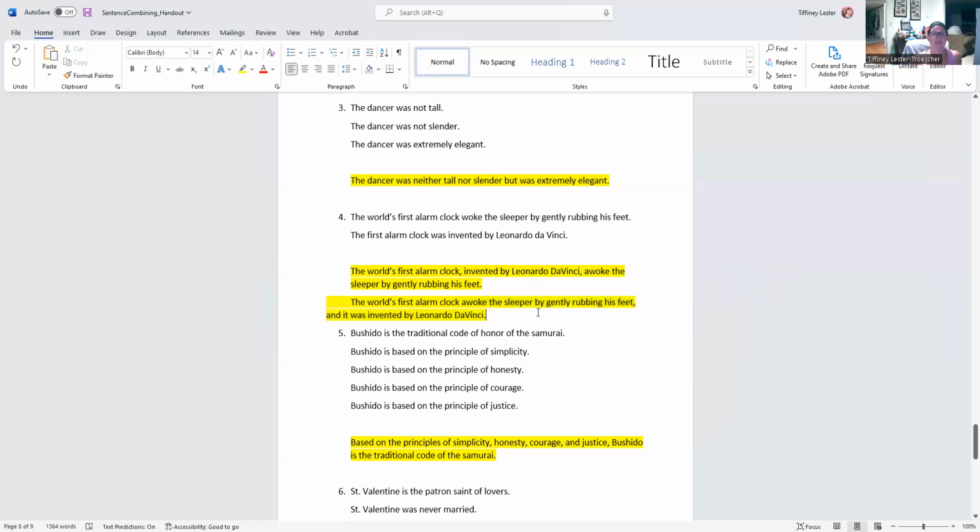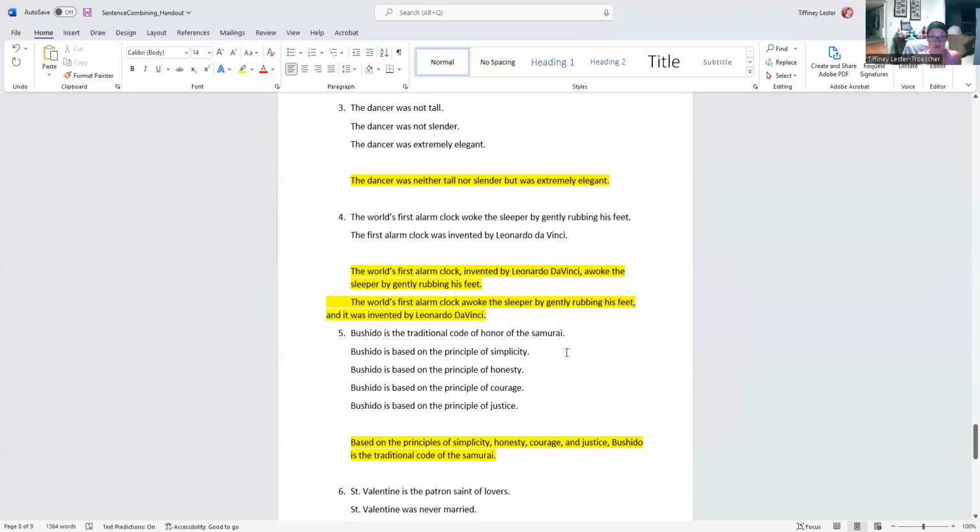The problem, though, is that if you do not have a good understanding of run-on sentences and comma splices, you can easily end up with those errors when you're trying to combine sentences. So you really need to be careful.